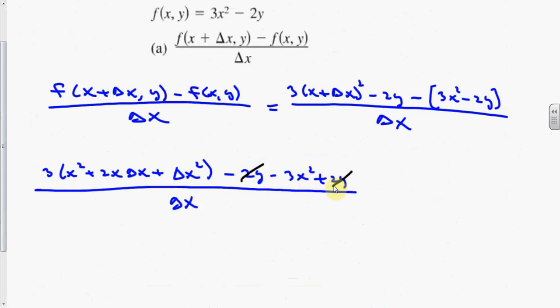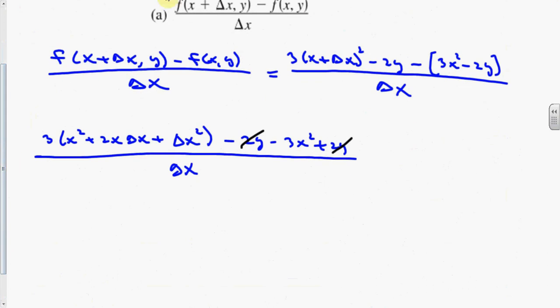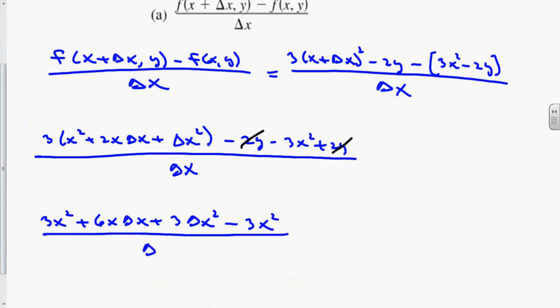Now the 2y's there cancel out. So we simplify the parentheses. So this is 3x squared plus 6x delta x plus 3 delta x squared, minus 3x squared, all over delta x. Now the 3x squareds cancel out.